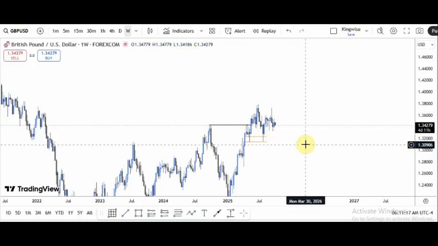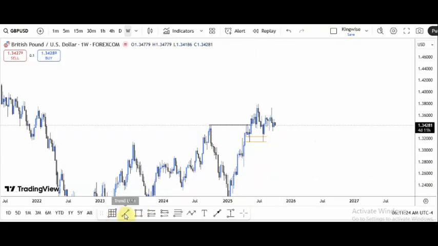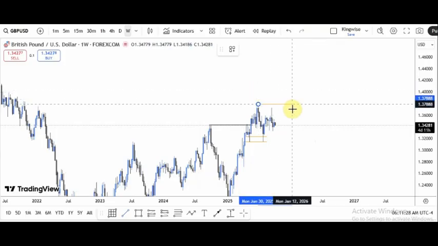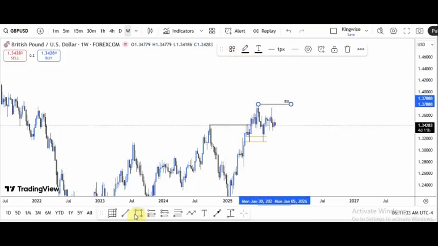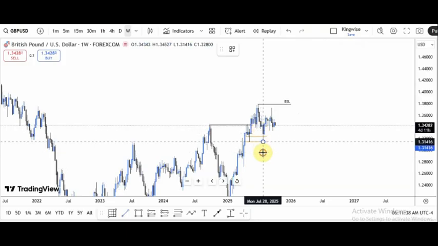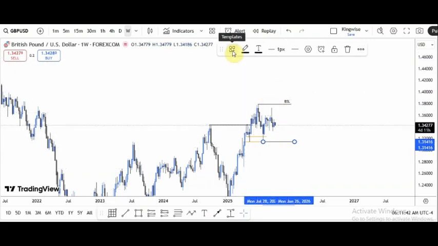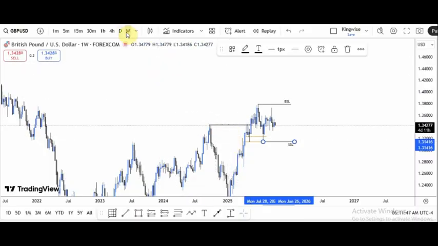That's pretty much what we can see from the weekly, and now we have our buy side liquidity intact, our buy side liquidity, and we also have our sell side liquidity. So let's go to the daily.